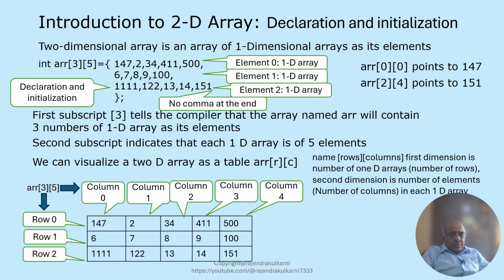So for the sake of visualization, a 2D array can be looked at as a table. The first dimension tells us the number of rows in that table, and the second dimension tells us the number of columns, and the rows and columns are numbered starting from 0. So row 0, column 0.